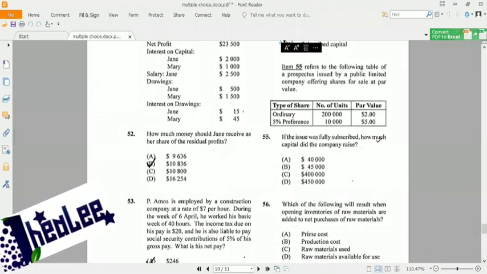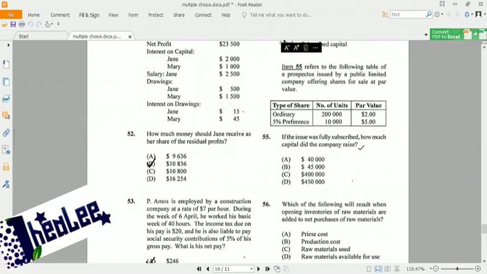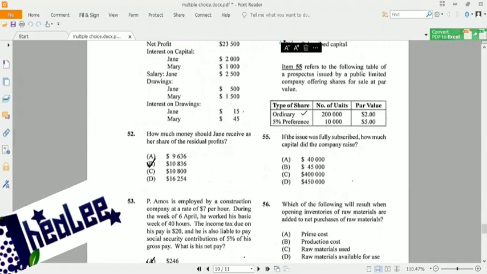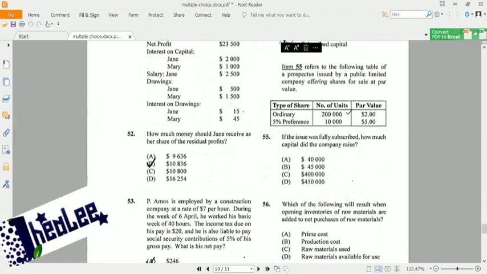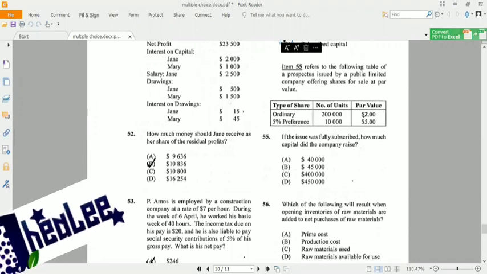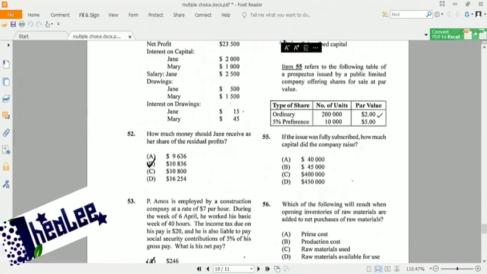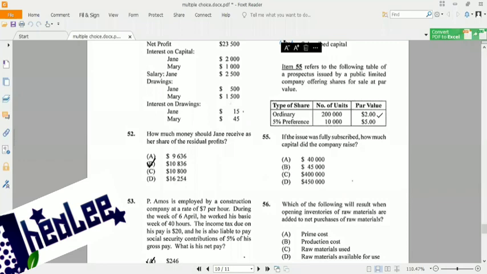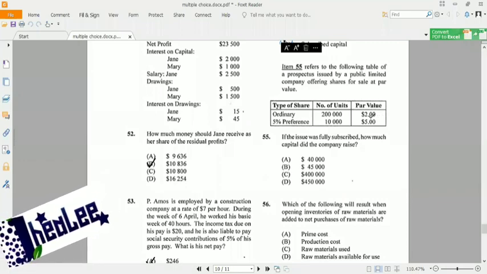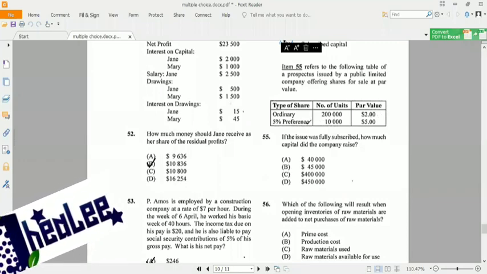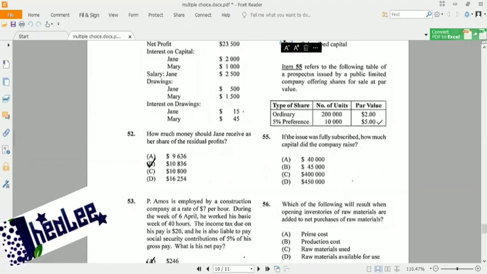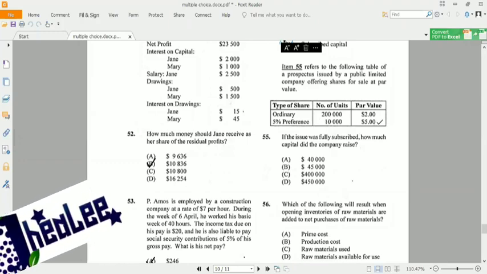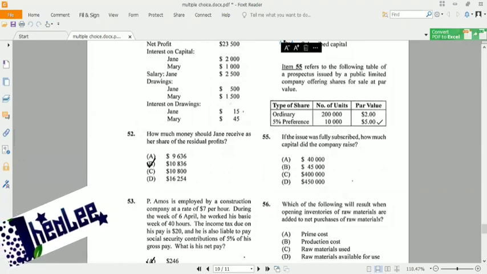If the issue was fully subscribed, how much capital did the company raise? Issued capital is the actual value of shares that were sold. The company has ordinary shares of 200,000 units at $2, so 200,000 times $2 gives us 400,000. And they have 5% preference shares, 10,000 units times the par value of $5, and that would give us 50,000.